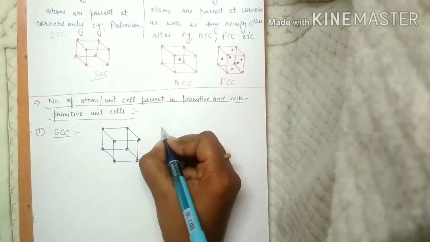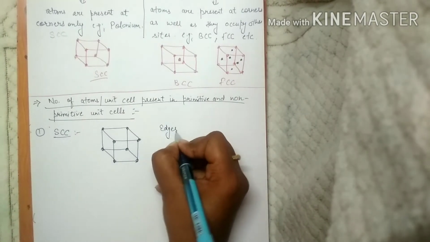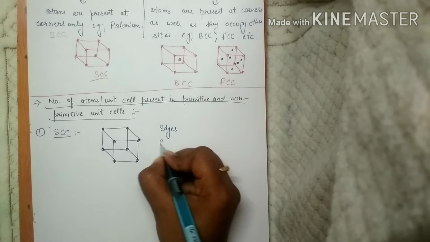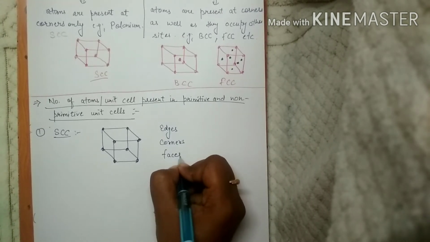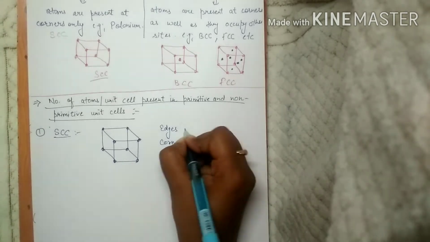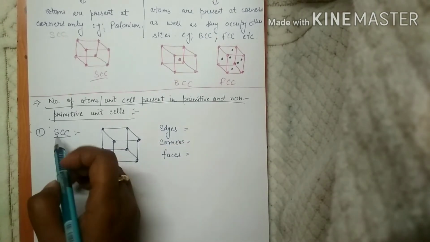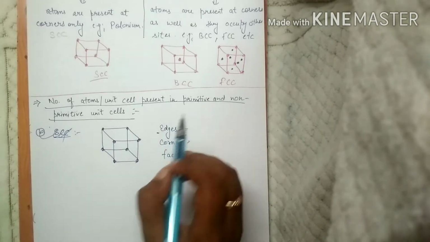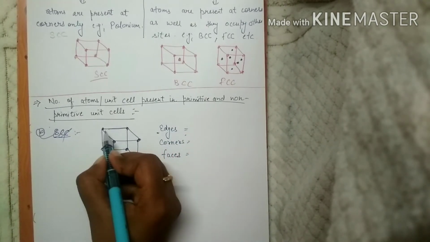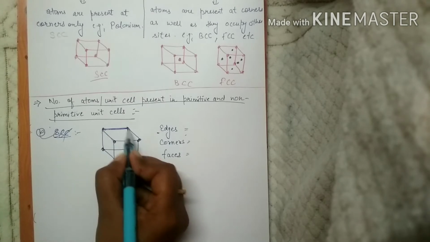First we have to find how many edges, how many corners, and how many faces are present in a simple cube. Edge is basically this side, which is represented like this.